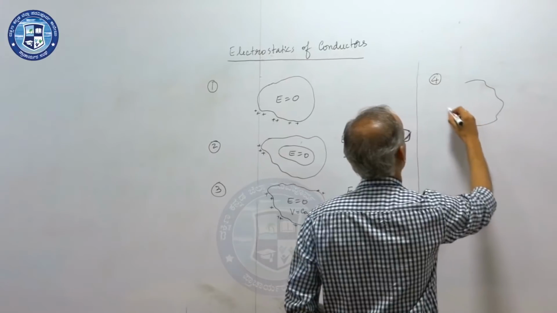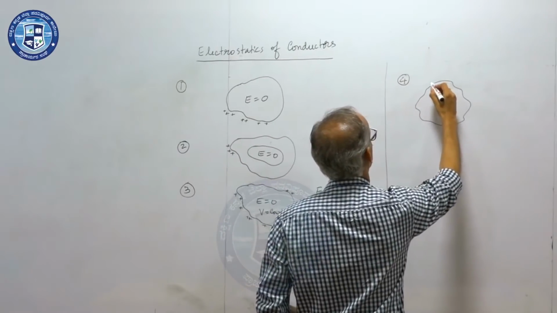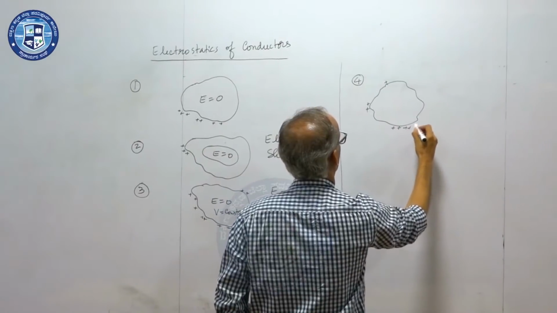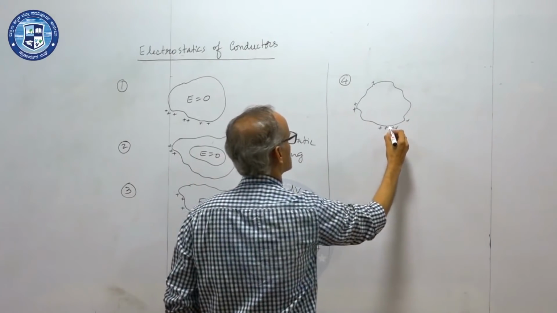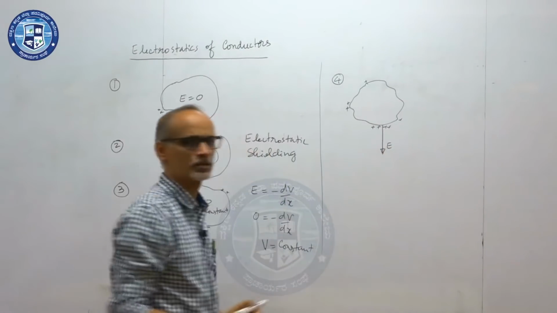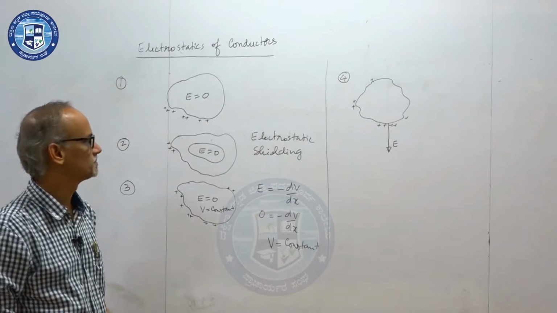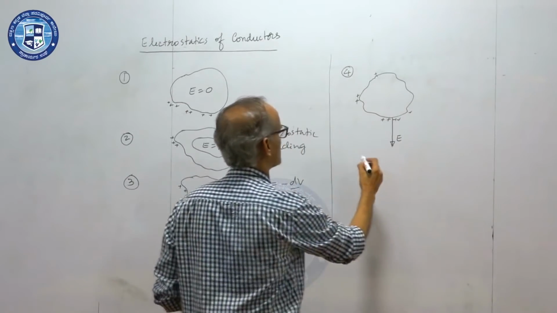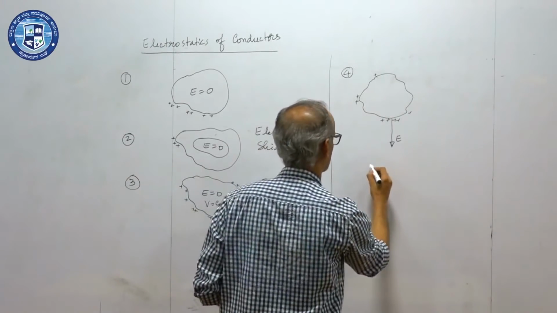In the case of a charged conductor, electric field is always normal to the surface of the charged conductor. Let us assume that it is not normal.